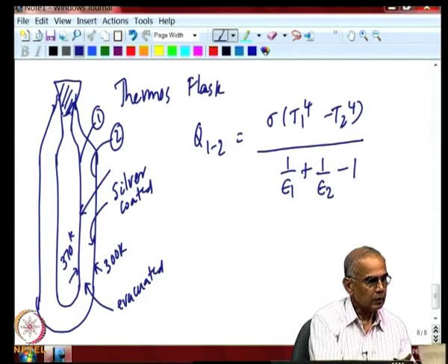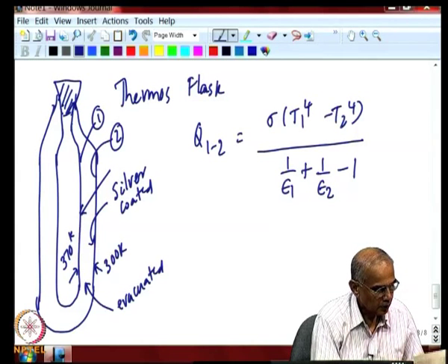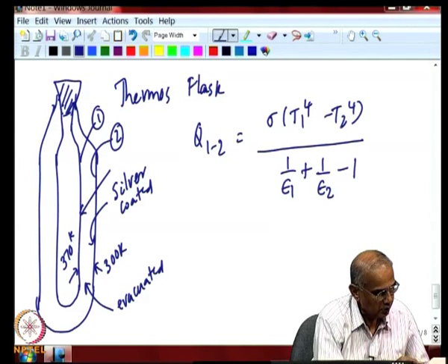And now let us look at some numbers for this case and let us see what it looks like for a Thermos Flask situation. And as I said, we have kept down the heat transfer, and radiation is the only dominant mode of heat transfer here.